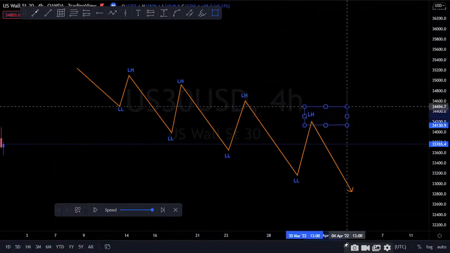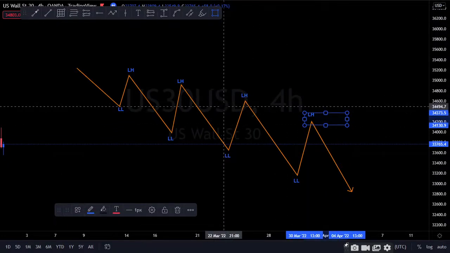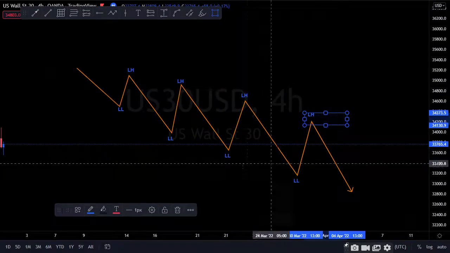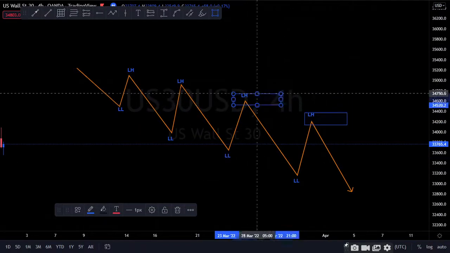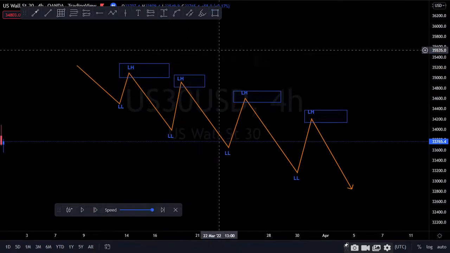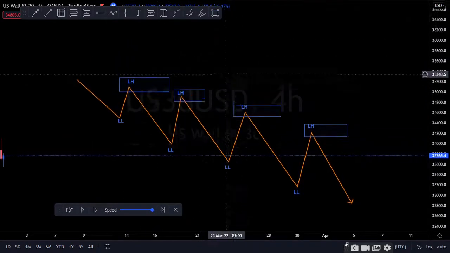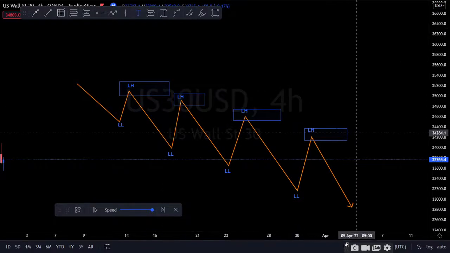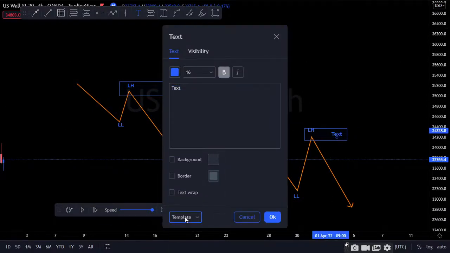These are the areas where we'll be looking for sells, here, here, here. These are the POIs, points of interest.